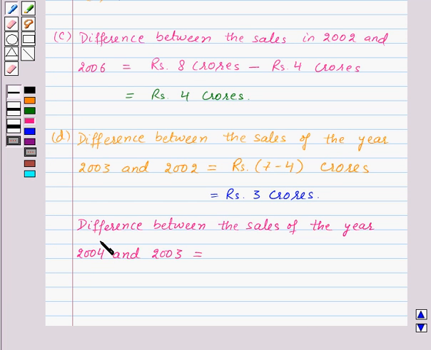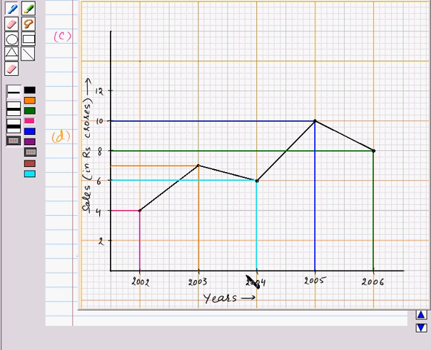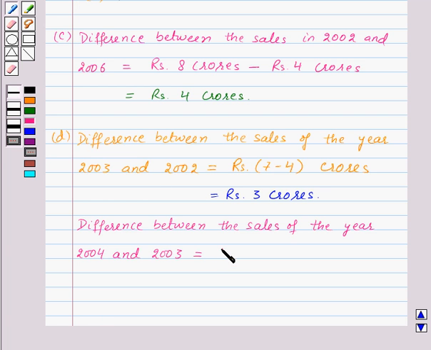Now, let's find out the difference between the sales of the year 2004 and 2003. So here, the sales of year 2004 were rupees 6 crores and the sales of year 2003 were rupees 7 crores. So, the difference will be rupees 7 minus 6 crores. That is equal to rupees 1 crore.